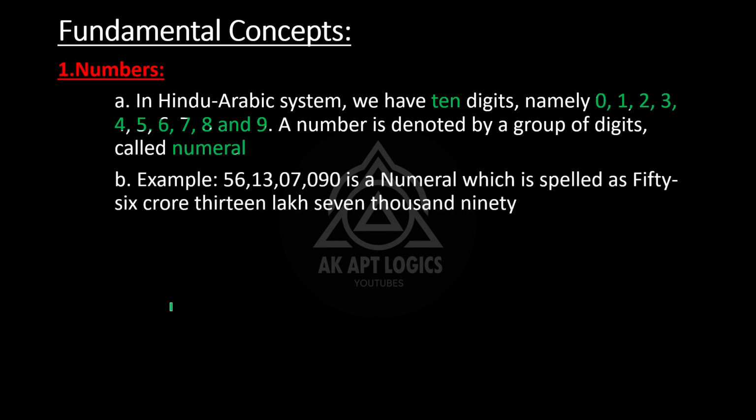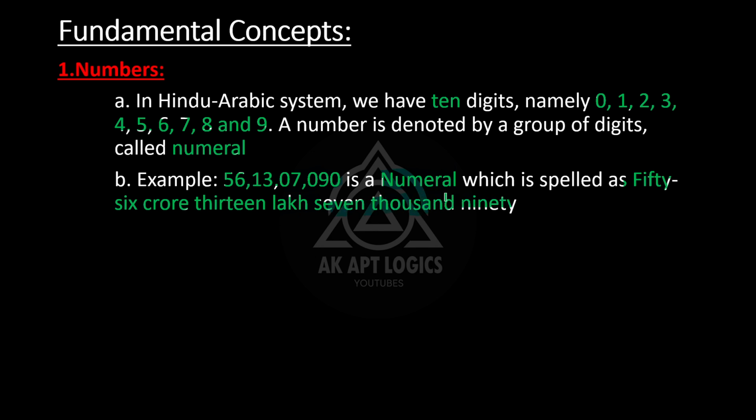For example, this is a big number which is a combination of digits from 0 to 9, and this is called a numeral, which is spelled as 56 crores 13 lakhs 7,090.